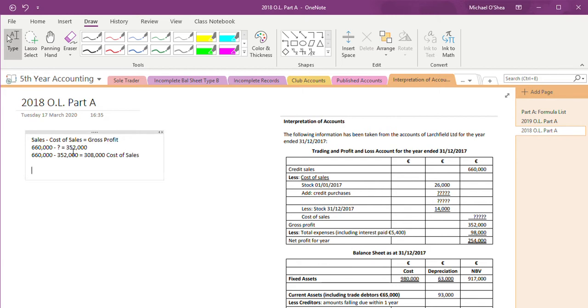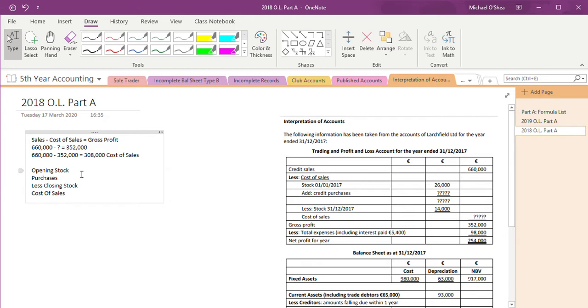Now that I have my cost of sales, how do I get my purchases figure? Well, simply 26,000 plus X minus 14,000 is equal to my cost of sales. I know that my opening stock and my purchases, less closing stock, gets me cost of sales.